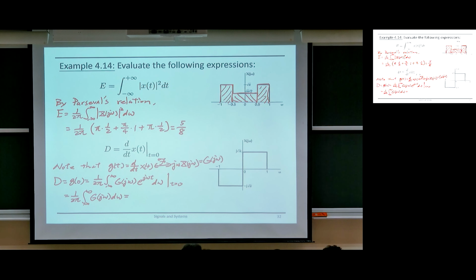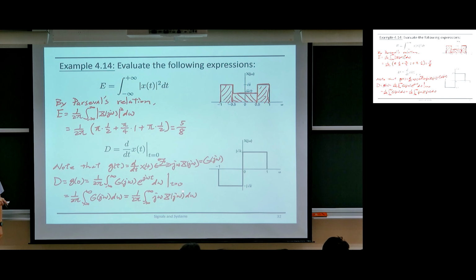And G of j omega is just j omega x. So this is 1 over 2 pi integral of j omega x of j omega d omega. Okay?